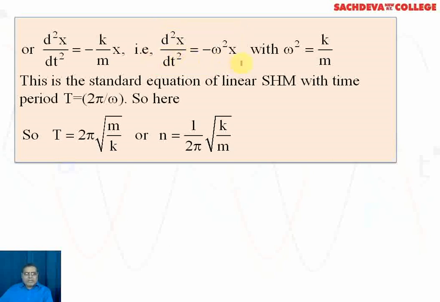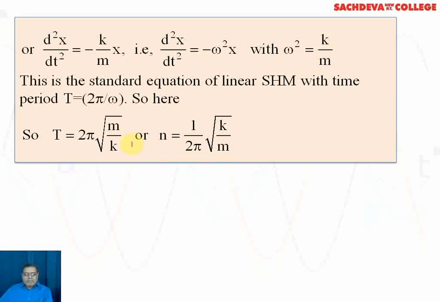Now minus omega square x and minus k over m into x will be equated, and our equation will become omega square is equal to k over m, and then we take the square root. So when we take the square root, omega will become root of k over m, and omega can be replaced by 2 pi n.